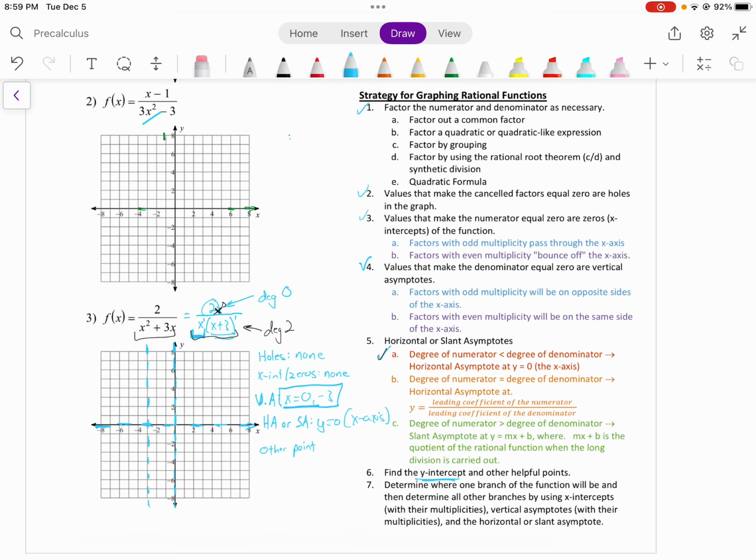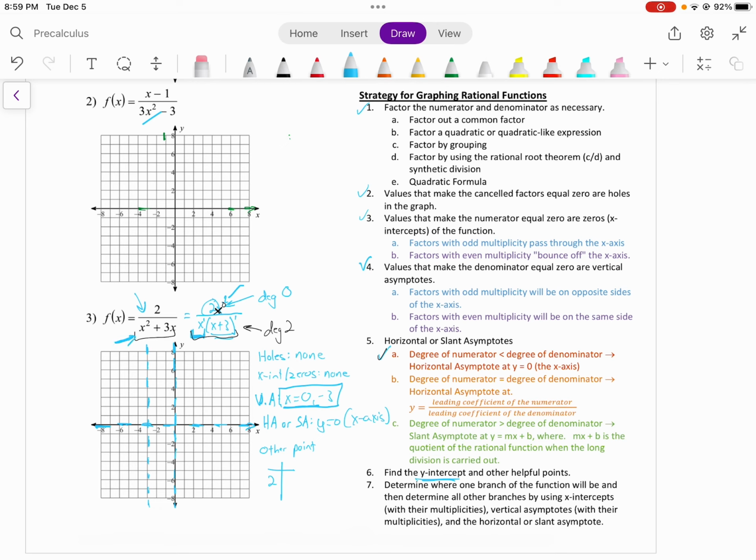We actually don't have any points right now, so there's a couple things we can do here. We can plug in a point. So maybe we plug in 2. So what happens if x equals 2? I'm going to plug 2 into my function. I can use either form of it, the first one or the factored one. It doesn't matter. You'll get the same thing. I'm going to just go ahead and use this first one here.